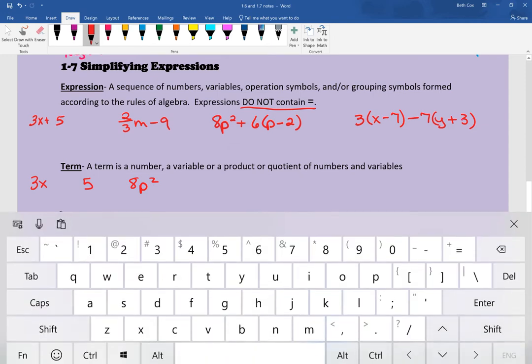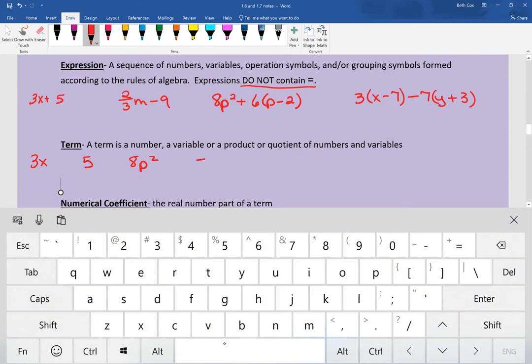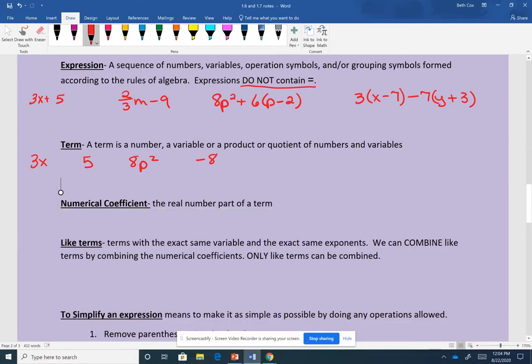We can have more than one variable. So negative 8 m to the second over n, that's a term. We could have 2 over p. That's a term. K, just k, is considered a term. 3x over 8 is considered a term.